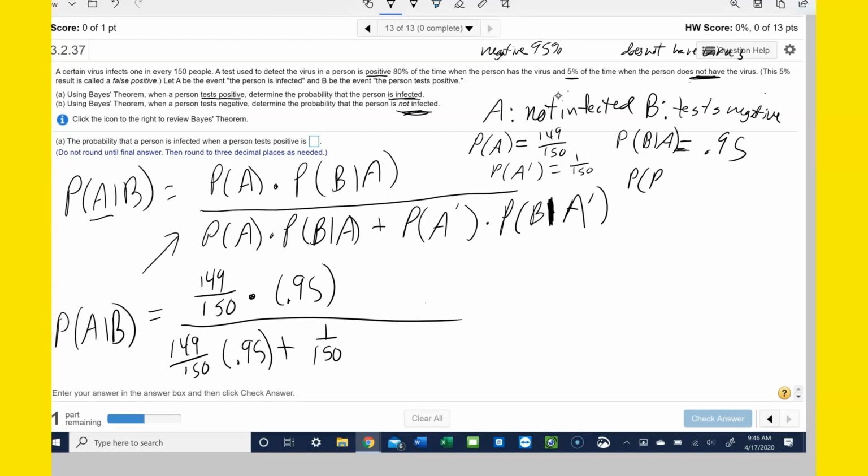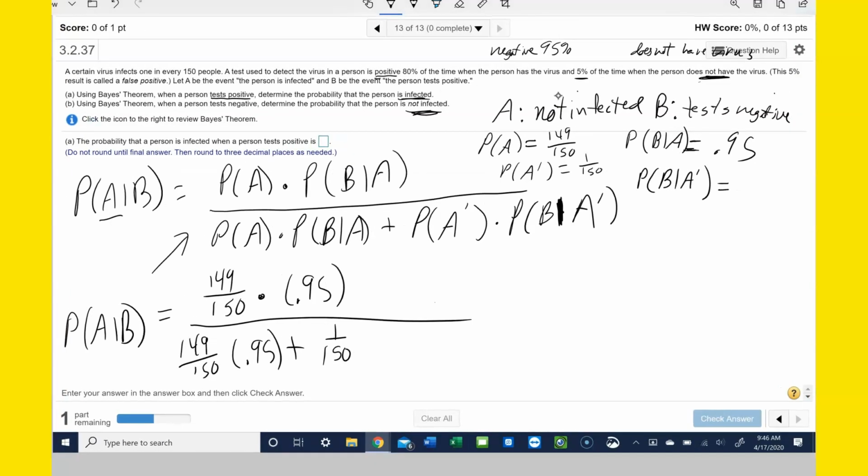Probability of B given A prime. Let me think about that. That means we test negative given that we are infected. Test negative, given that we are infected. All right, look right here. Positive 80% of the time when we have the virus.